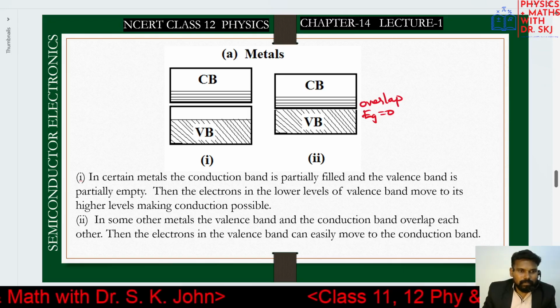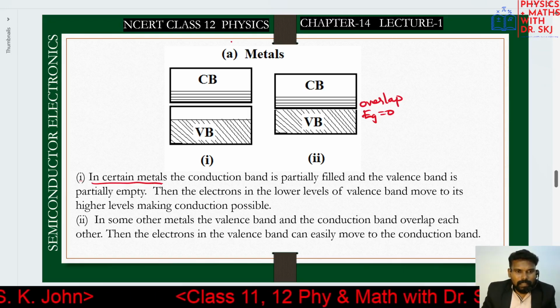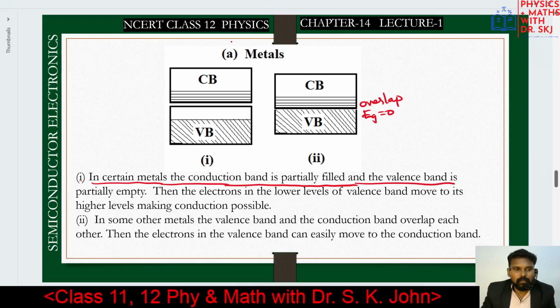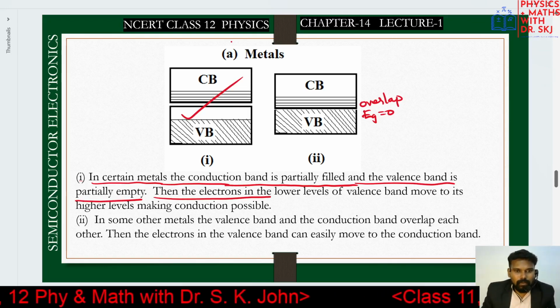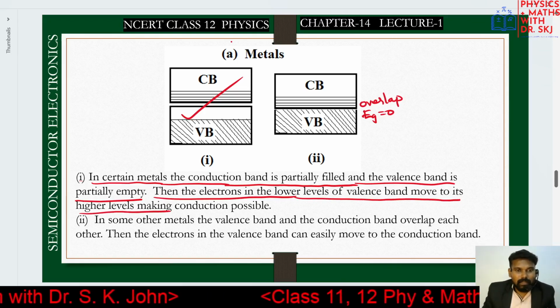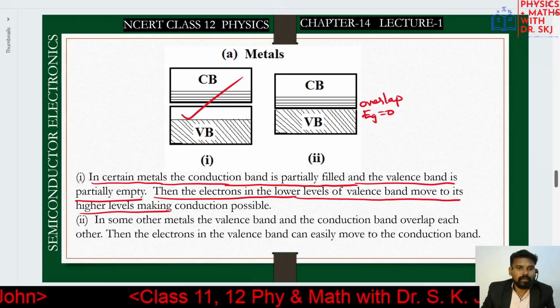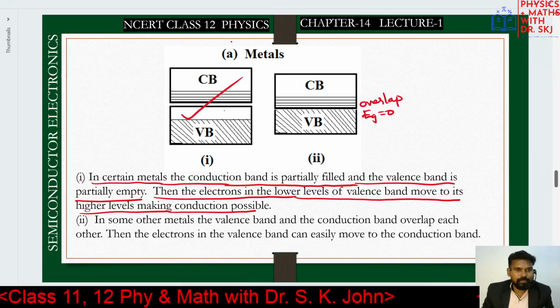I am reading the passage. In certain metals, the conduction band is partially filled and the valence band is partially empty. In this case, the electrons in the lower levels of the valence band move to its higher levels. There can be a motion in the valence band from the filled levels to unfilled levels, making conduction possible.